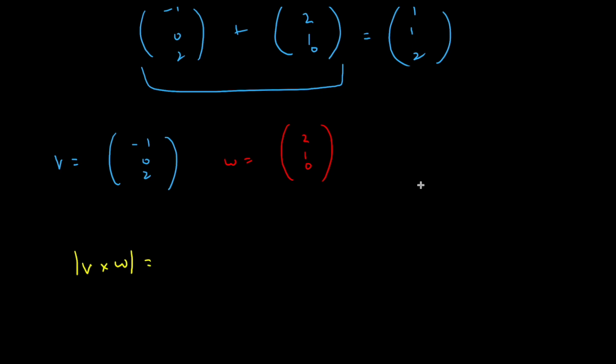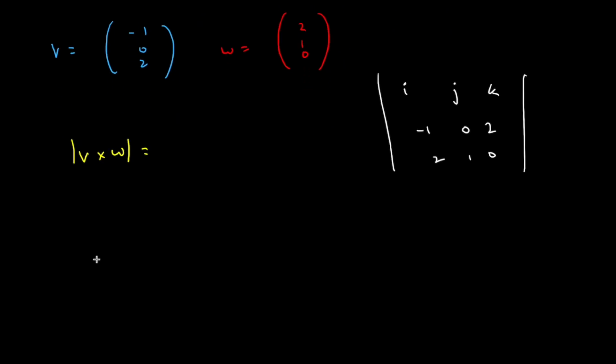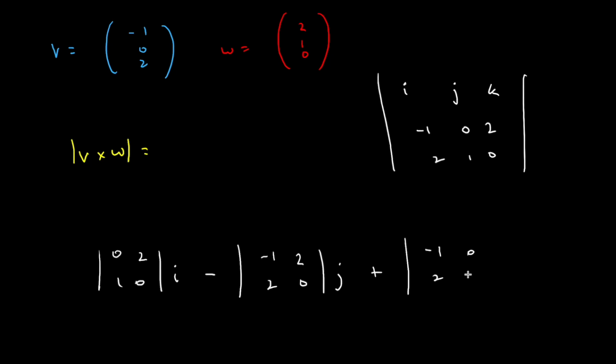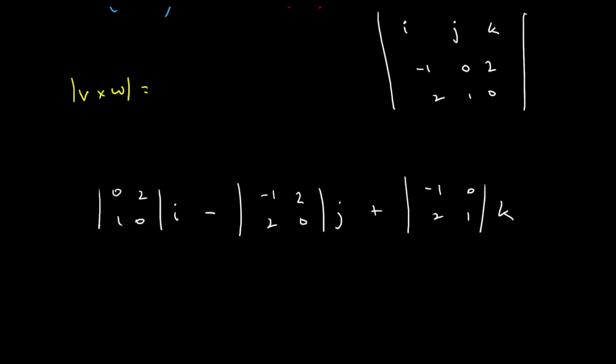So I can write these in my 3 by 3 matrix form. I have -1, 0, 2 and 2, 1, 0, and then I can write my i, j, k terms. So I have the determinant of [0, 2; 1, 0] i, minus the determinant of [-1, 2; 2, 0] j, plus the determinant of [-1, 0; 2, 1] k. And I can find the determinants. This is 0 minus 2, which is just -2i.